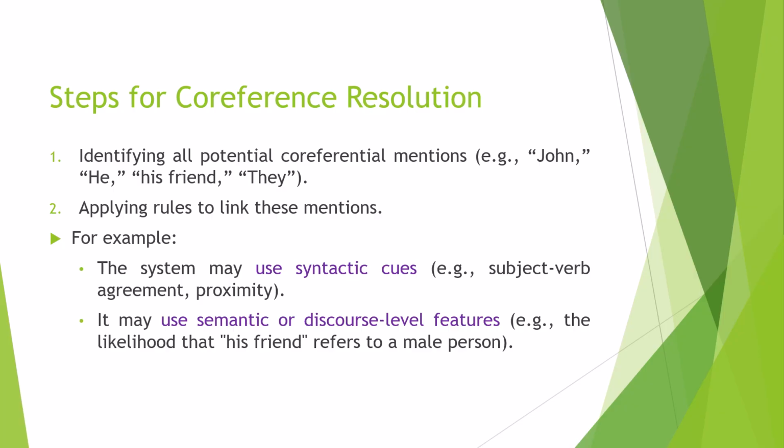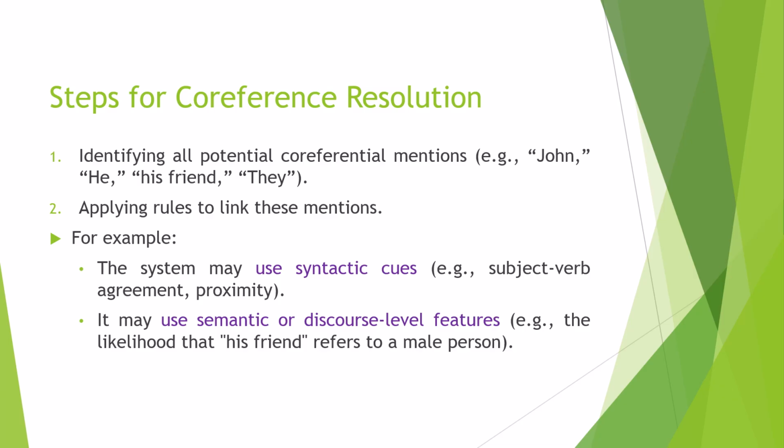Let us now see the steps involved in the process of coreference resolution. First, we identify all potential coreferential mentions, including pronouns, noun phrases, and named entities, and then we apply rules to link all these mentions. For example, the system may use syntactic cues, subject-verb agreement, and proximity.